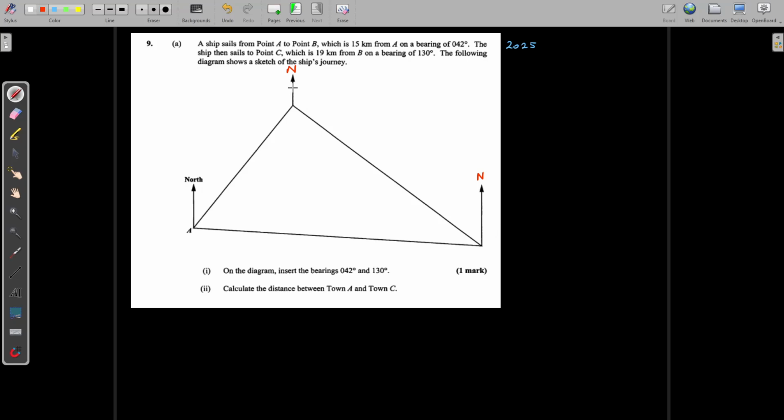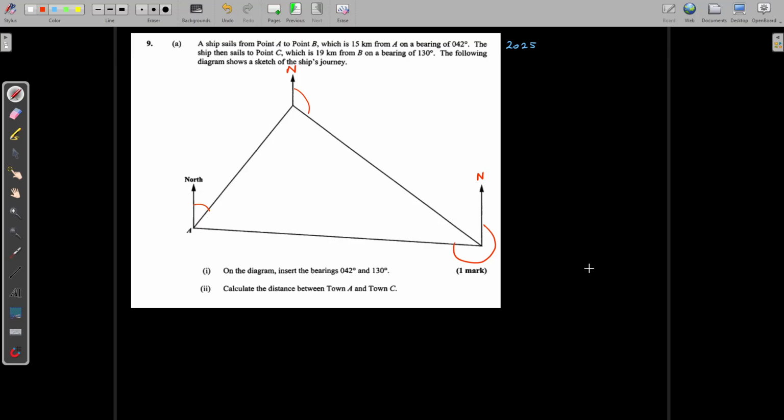So bearings start from the right in a clockwise direction, clockwise. So looking at these three angles, which one could possibly be 42 degrees? This one, or this one?